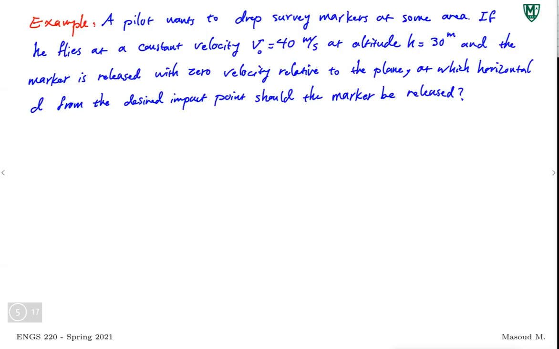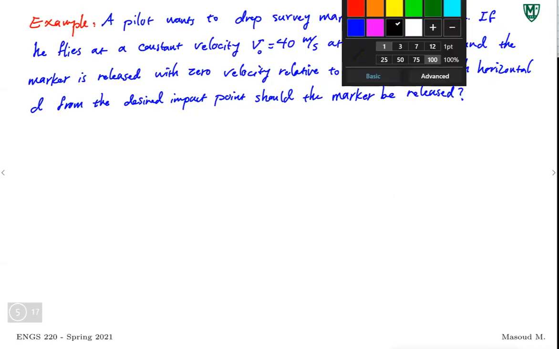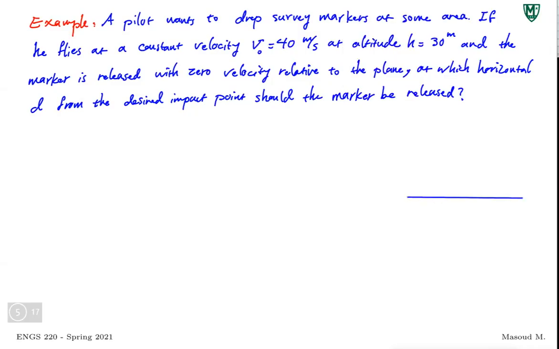Okay, so weird sentencing, but here is the situation. We are not given X and Y. It's just the ground. So this is the ground. Let's just try it. Imagine that this is a plane.